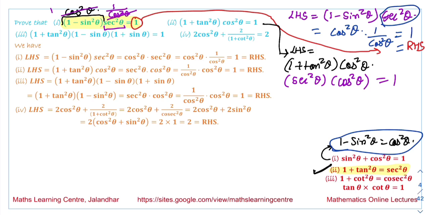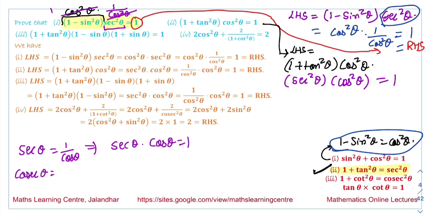What results we have: secant theta is equal to 1 over cos theta. So this gives us secant theta into cos theta is equal to 1. Cosecant theta is equal to 1 over sine theta. So this gives us cosecant theta into sine theta is equal to 1. Then cot theta is equal to 1 over tan theta.